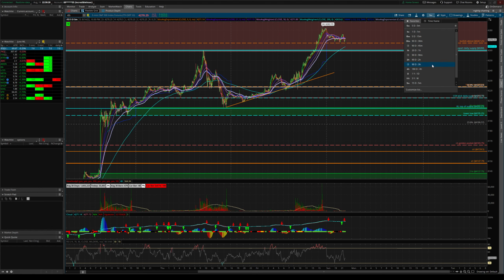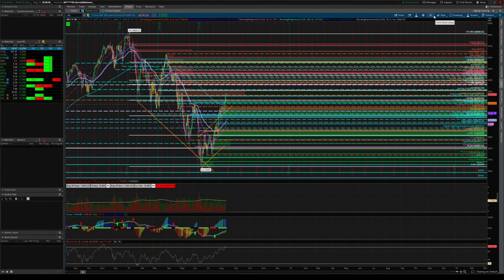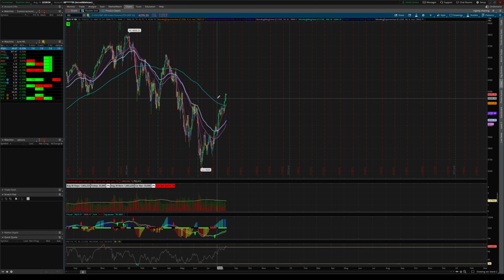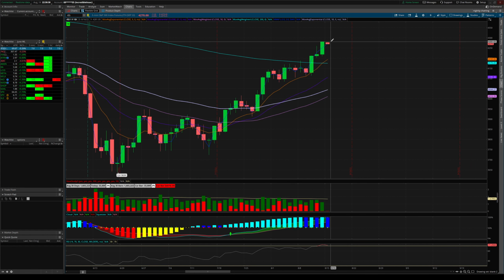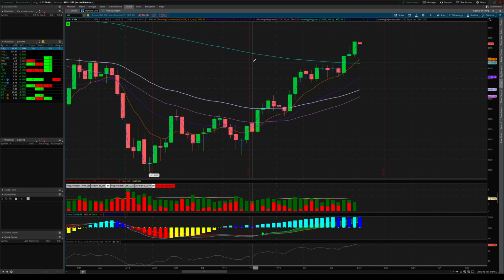Right, so now let me go back to the daily and go back to the clear picture. If I'm looking for a pullback, and if we do sell off overnight into tomorrow morning, I would want to see how buyers react at this key level and at the 200 weighted moving average and the daily 9.